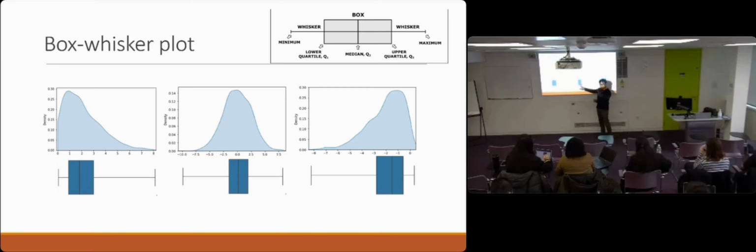This and this are very similar, right? It's symmetric. So here we have a box in between, the median is in the middle, and they're nicely distributed. And on this side we have a box, and you can see this area is a little bigger than this. And this still covers 25% of the points and this 25% of the points, right? So this box plot almost tells you everything, right?